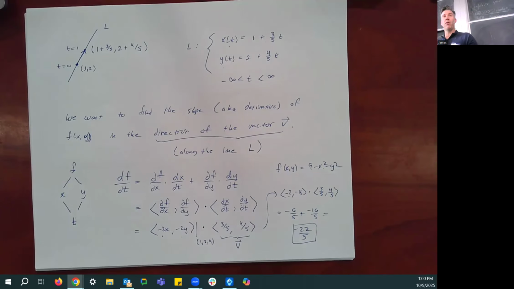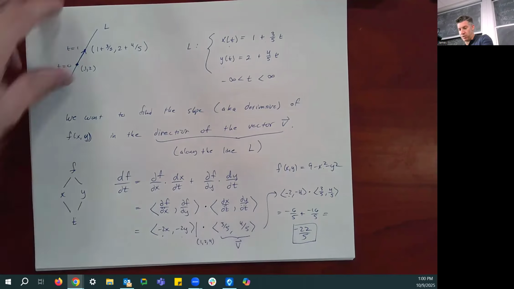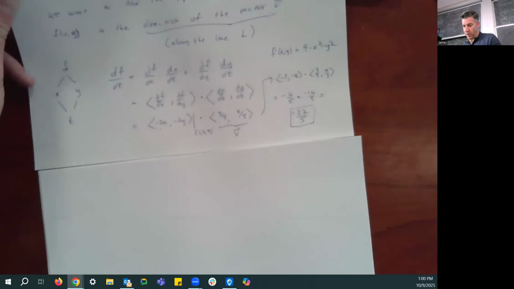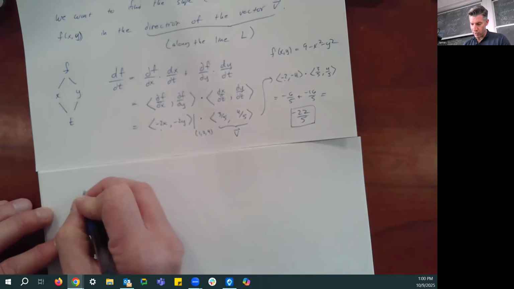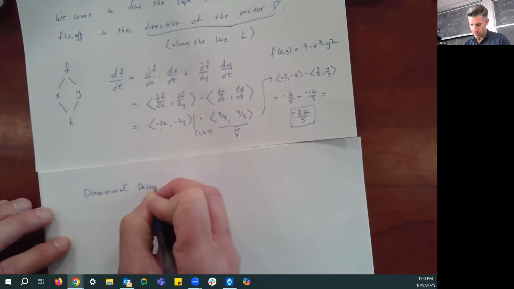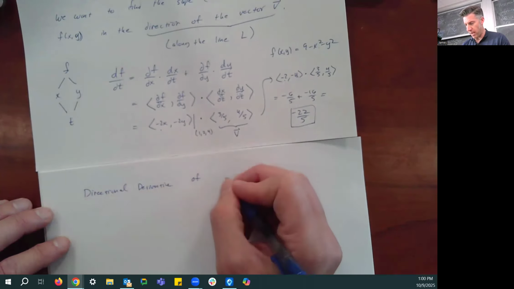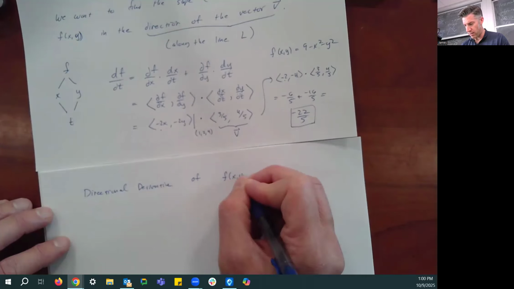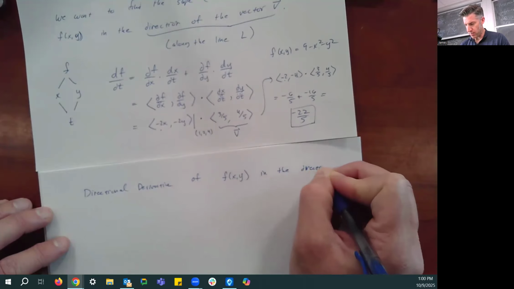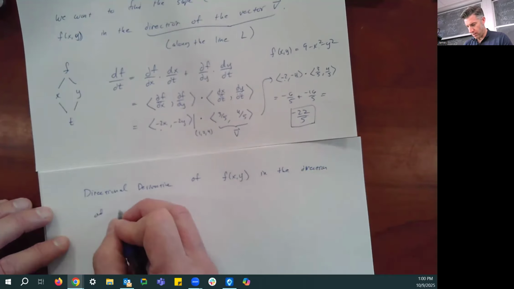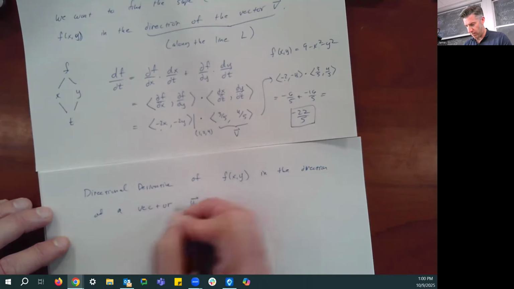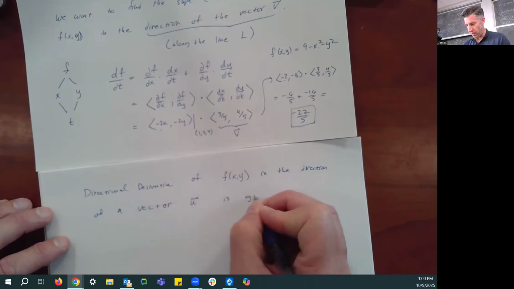The more important point, though, is what we have right here. So let's go back to this for just a second. What we have here is that the directional derivative of f of x comma y in the direction of a vector, I'm actually going to call it u instead of v, and there's a reason for this, which we'll talk about in a minute here, is given by the following.